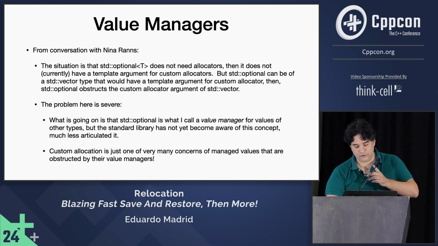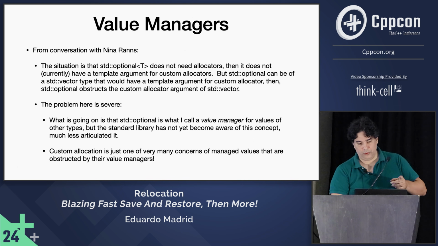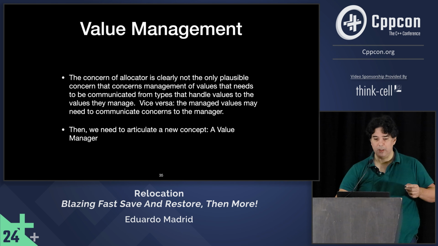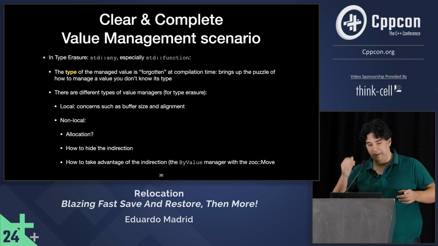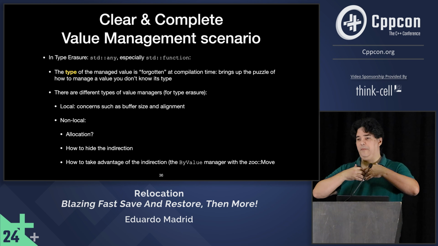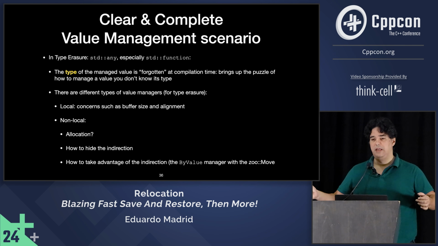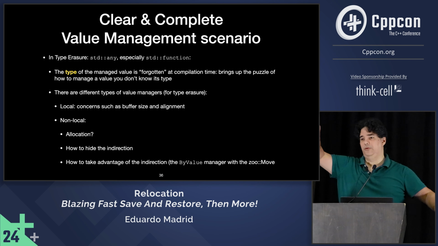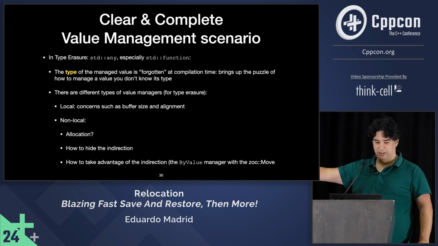And I stumbled upon this concept when I was working on my type erasure framework, that in the case of type erasure, there are very plentiful concerns that need to be respected from the outside to the inside of the values that are going to be managed.